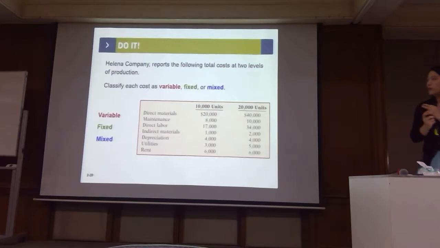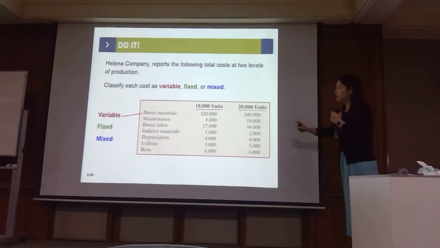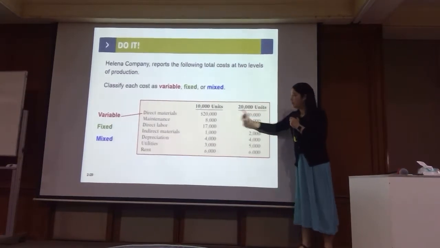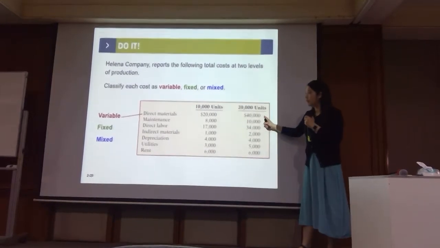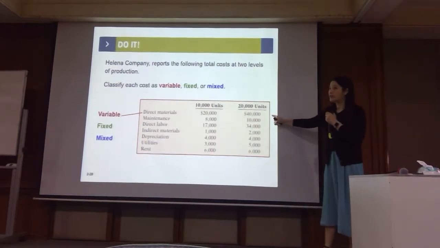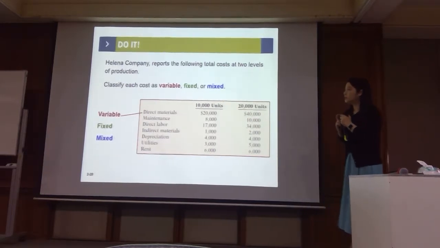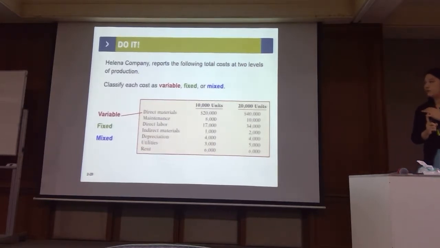So for the variable cost, which type of cost is considered as the variable? Direct material, right? This one is variable for sure. As you can see, if we produce more, the total cost of direct material tends to increase, right? And how about the per unit one? The per unit remains constant at 2, right? So this one is variable cost for sure. And what else is the variable cost? Yeah, direct labor.